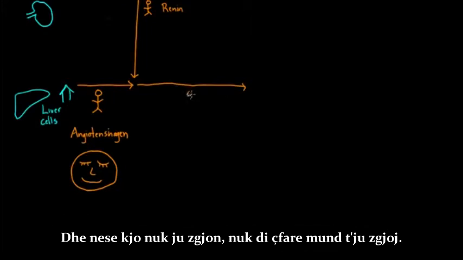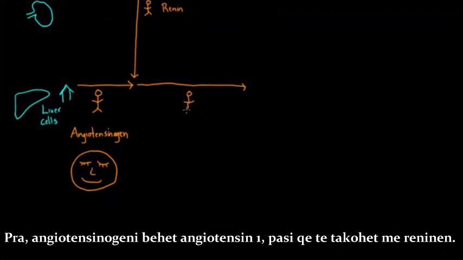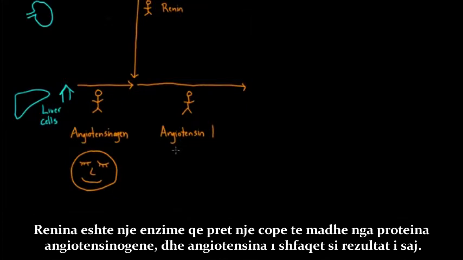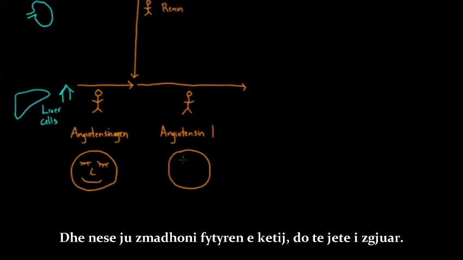And if that doesn't wake you up, I don't know what would. So angiotensinogen becomes angiotensin 1 after meeting renin. Renin is an enzyme that cuts a big chunk of this angiotensinogen protein away. And angiotensin 1 is the result. And if you were to zoom in on this guy's face, it would be awake.